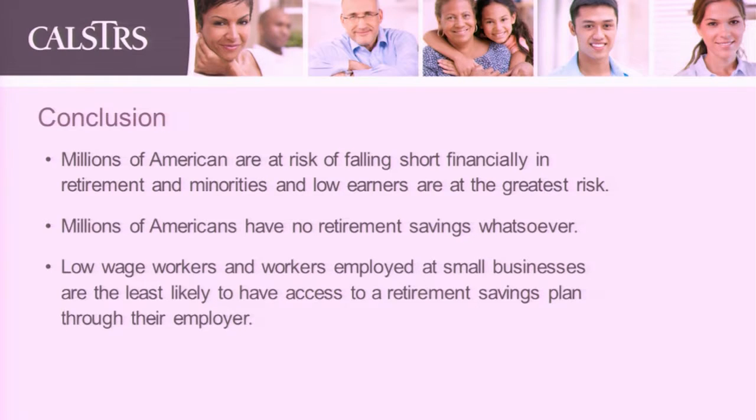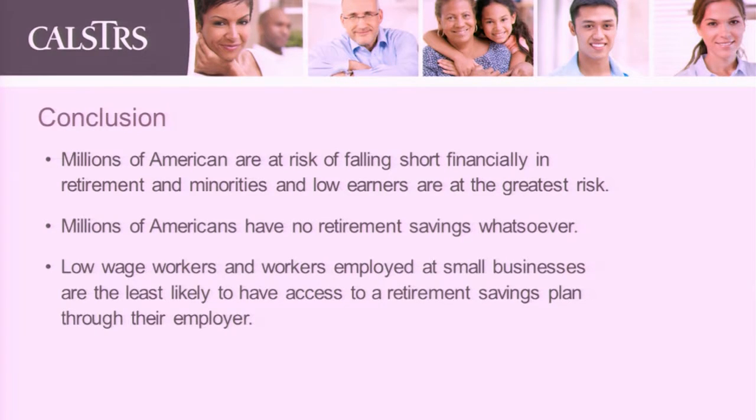So in conclusion, a number of people are at risk of falling short, regardless of how we look at the data, regardless of which methodology we use. It's fairly conclusive evidence that a lot of people are not saving at all or enough.